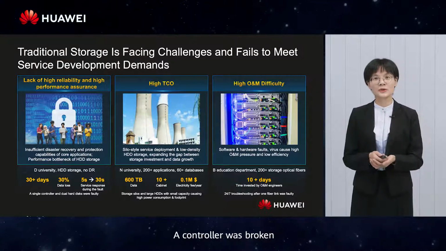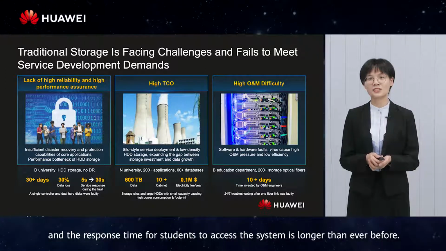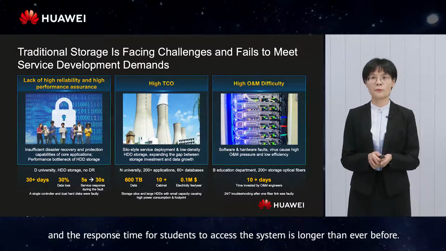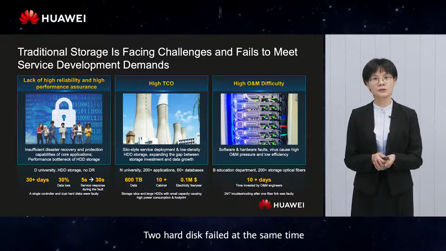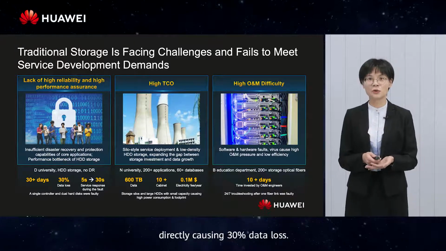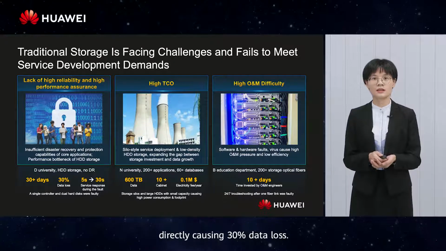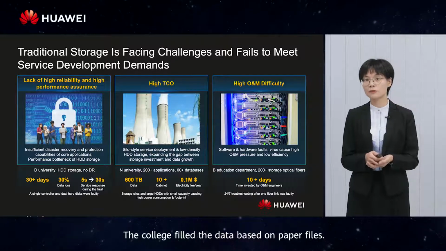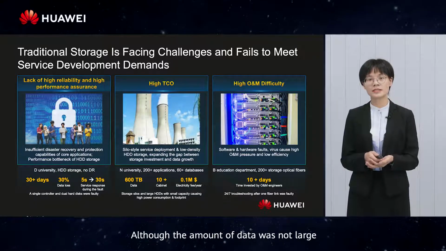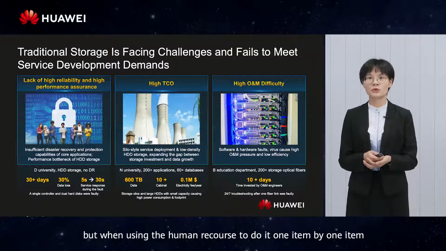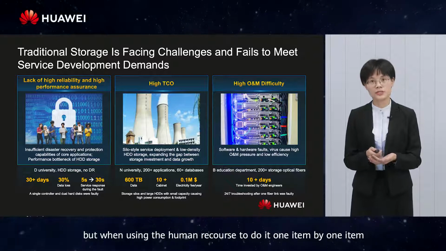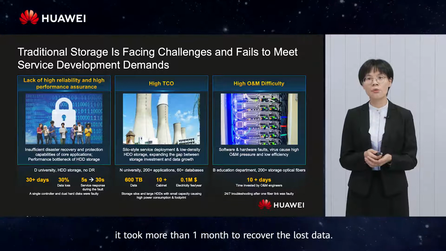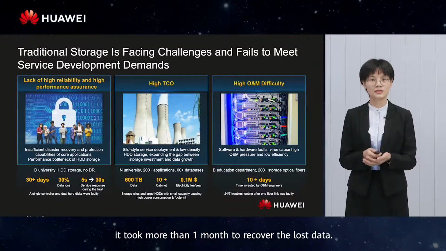A controller was broken, and the response time for students to access the system was longer than ever before. 2 hard disks failed at the same time, directly causing 30% data loss. The college recovered the data based on paper files. Although the amount of data was not large, using human resources to do it 1 item by 1 item, it took more than 1 month to recover the lost data.